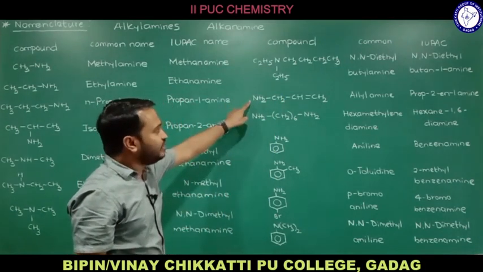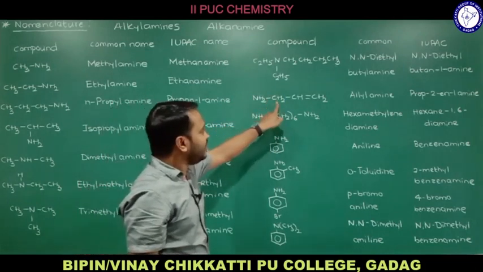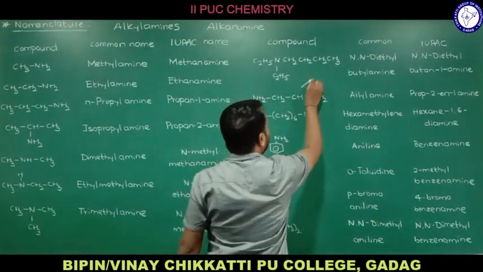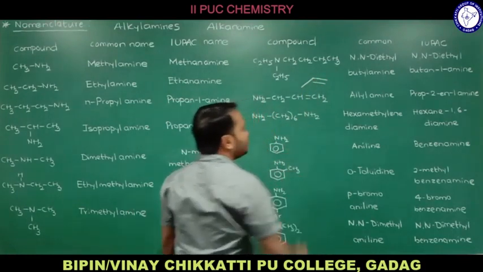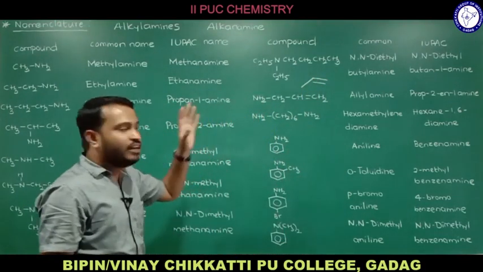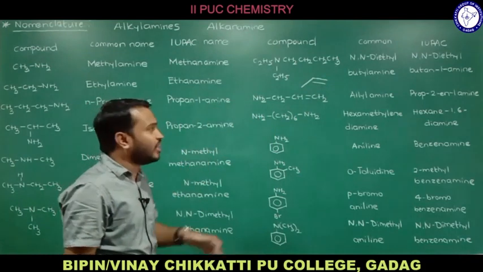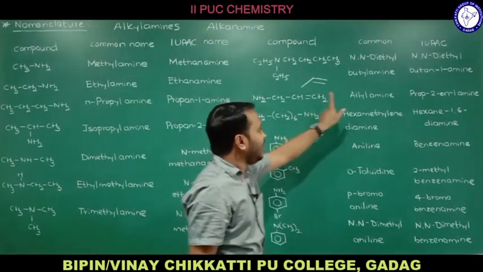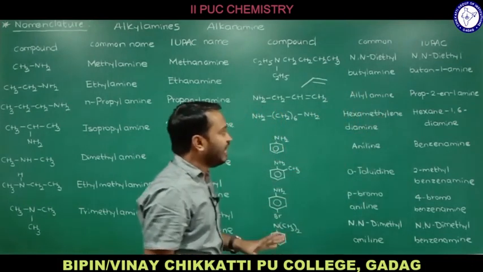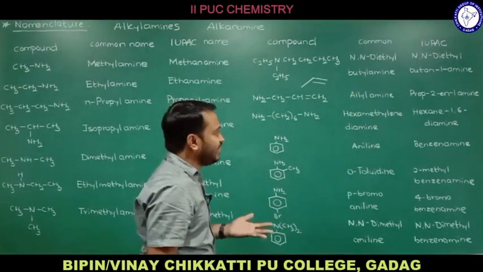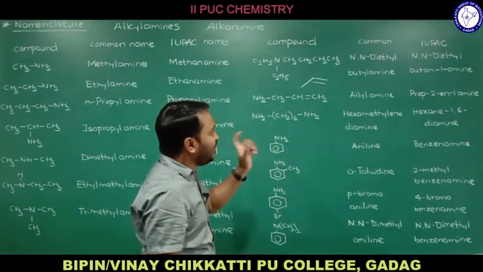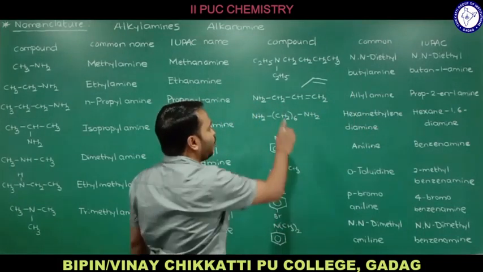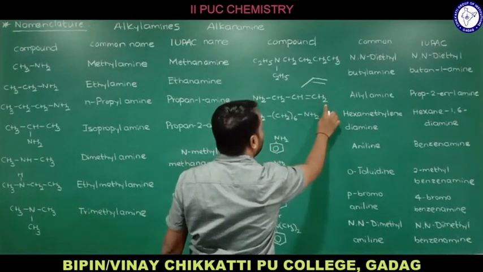Next compound you just see, NH2 we have, CH2, CH double bond CH2. This is as good as like this, if you write the bond line structure, and that would be the allyl. We know 3 carbons we have and 1 carbon-carbon double bond. This is nothing but allyl, and therefore allylamine we have. Now try to know the IUPAC name of that. This is the amine we have, and here this will be actually propane.